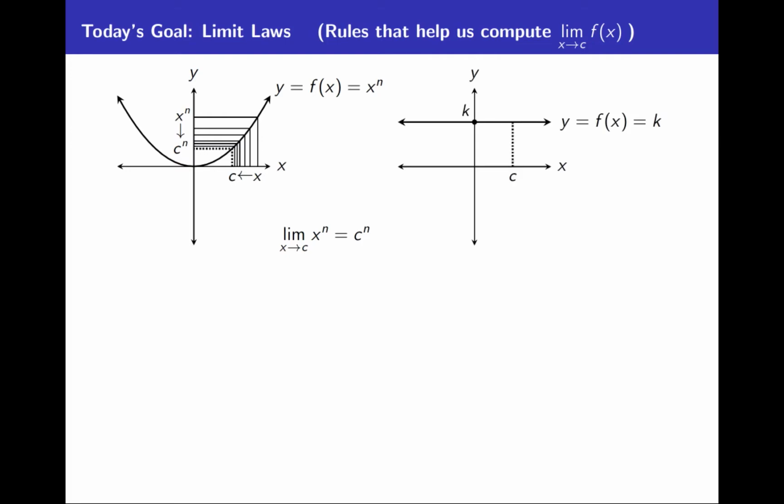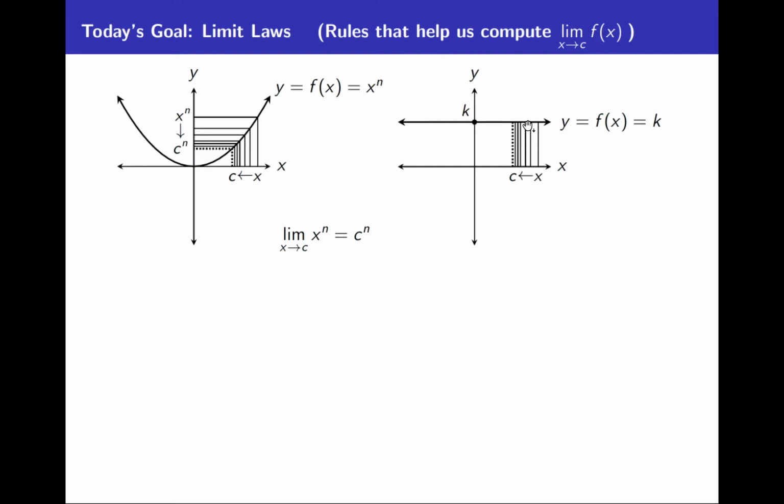Here's another simple limit. Think about the function y equals f of x, which is a constant k. Its graph is just a straight line with slope 0 passing through the y-coordinate k. And pick an x value c. And think about x approaching c. The variable x getting closer and closer to c. Look at the f of x values.